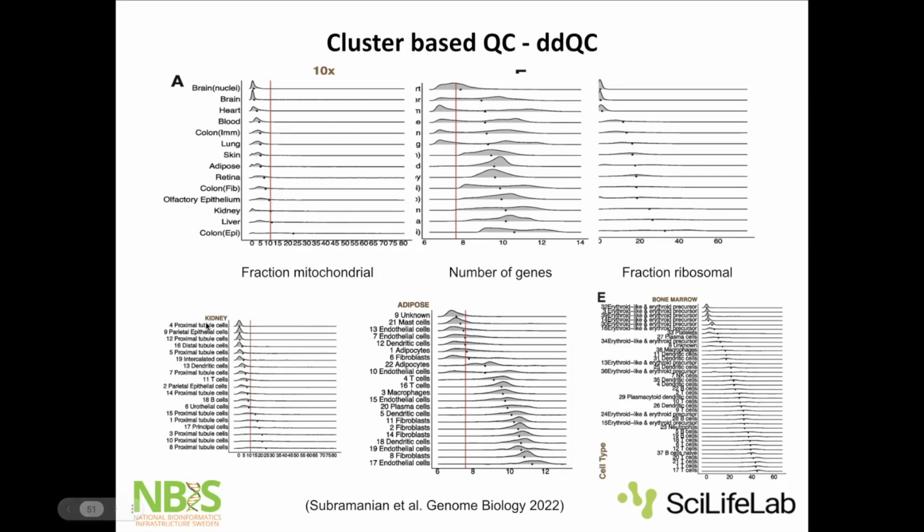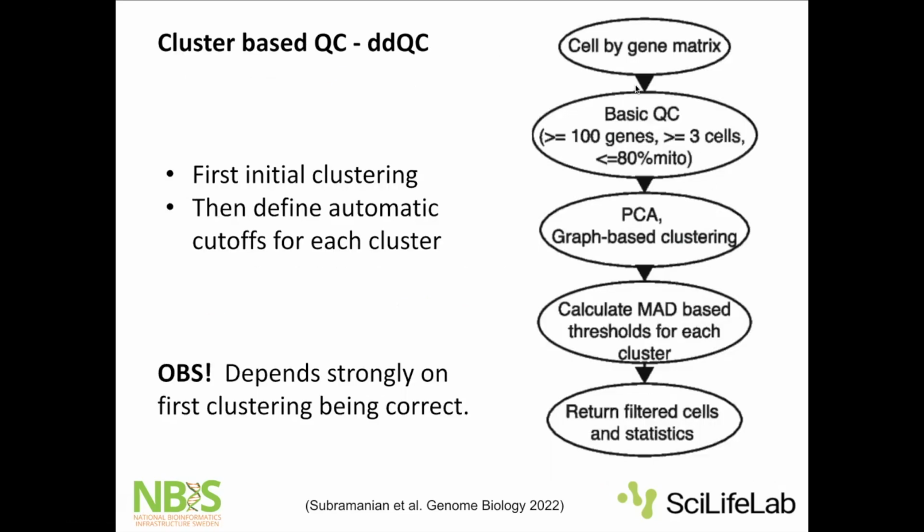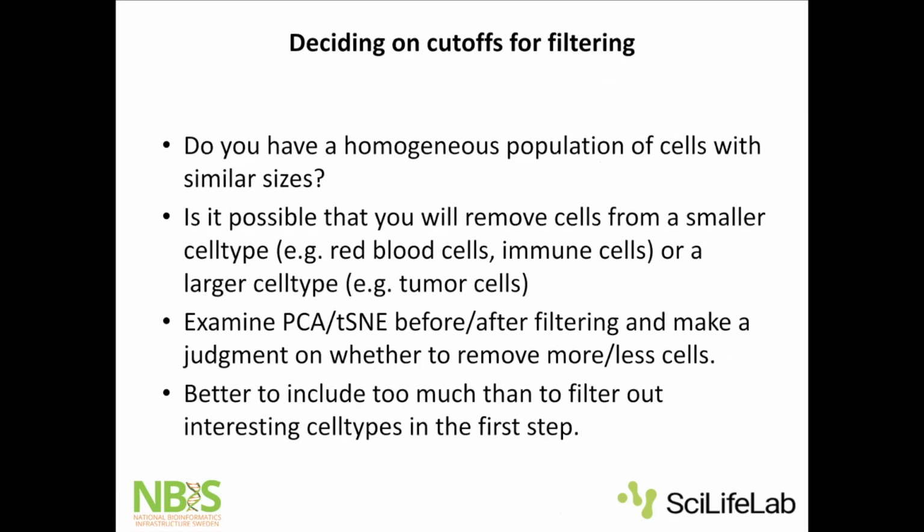And if you take one data set, split it up, and do the clustering, you see that you have even more different behavior for the different cell types within one data set when it comes to some of these stats. And they do a similar thing where they first do basic QC, some clustering, and then calculate thresholds for each cluster. So this could be a way forward if you have very complex data with many cell types, to not just do one cutoff for the whole data set, but instead combine everything into one QC.